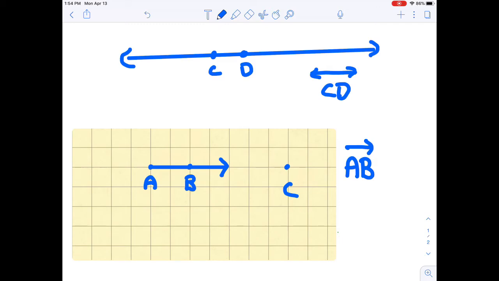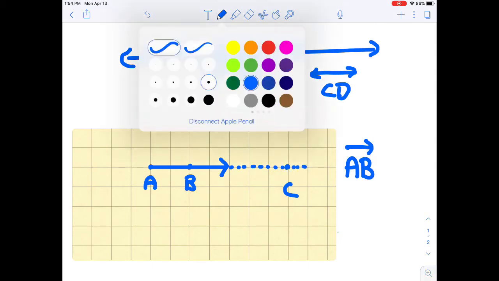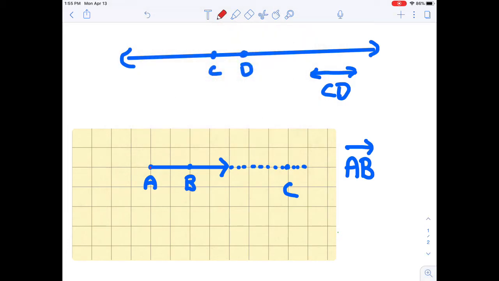Now, this goes on forever to the right, so you can see that it keeps going and eventually hits C, even though I've not drawn it through C. But some people will think that if I draw ray AC, so here I have, it starts at A and continues through C and beyond. I have my lack of arrow over A and I have my arrow over C.